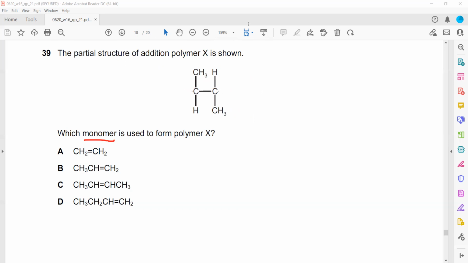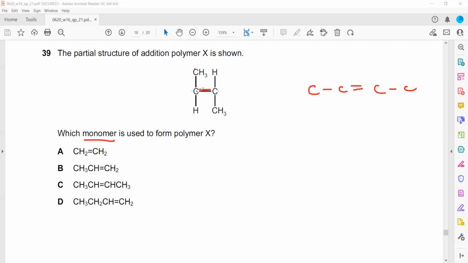And the monomer in an addition polymer should have a double bond, so there will be a double bond here. So 1, 2, 3, 4 carbon atoms. Between the second and third carbon there's a double bond, and there is H attached.